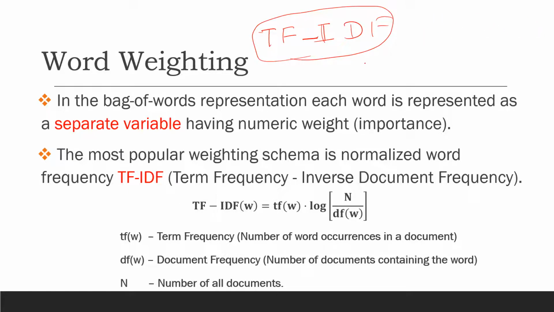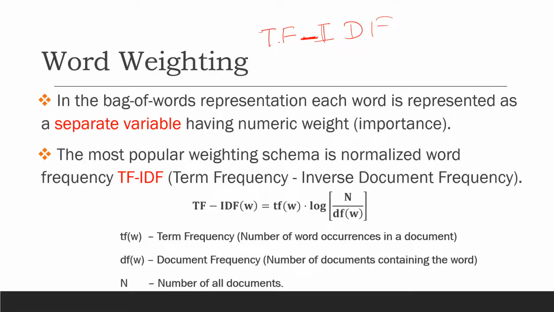Now you need to find out how to calculate these term frequency inverse document frequency values. This is the equation to calculate the TF-IDF. This is not a minus symbol; this is one word. To indicate both together, I put this hyphen.